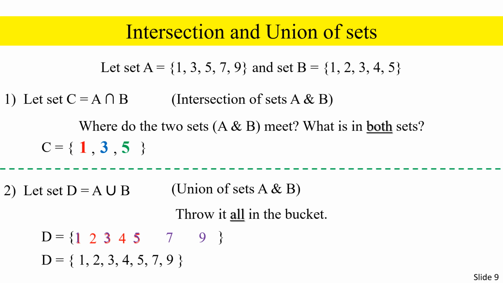So I've just got 1, 3, 5, 7, 9 from A, and I get to add to it 2 and 4. So it's 1, 2, 3, 4, 5, 7, and 9 would be the union. So that's doing sets as opposed to inequalities.